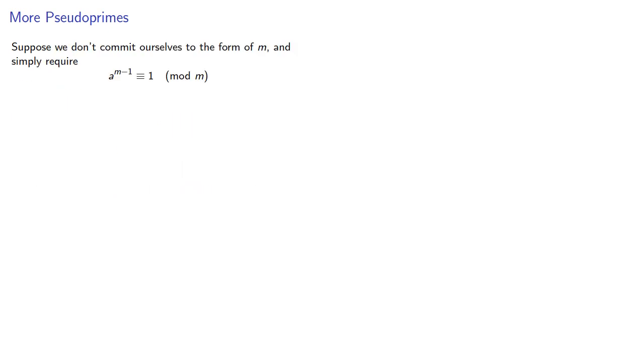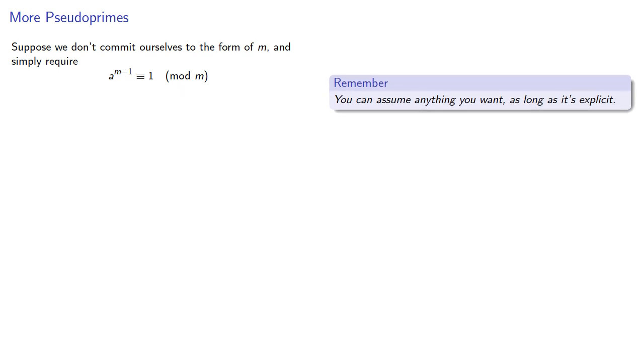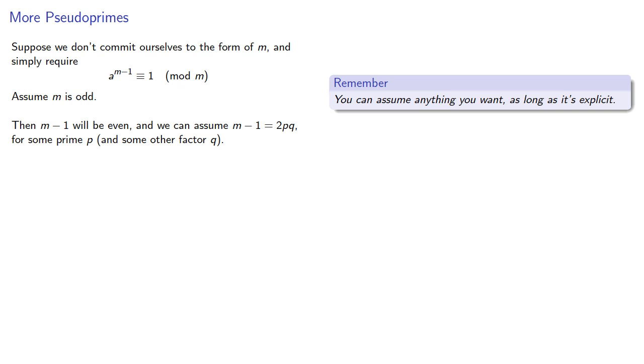So suppose we don't commit ourselves to the form of m and simply require that it satisfy Fermat's relationship. And we'll make our lives easier. We can assume anything we want as long as it's explicit. We'll assume that m is an odd number. Then m minus 1 will be even, and we can assume that m minus 1 is 2pq for some prime p and some other factor q.